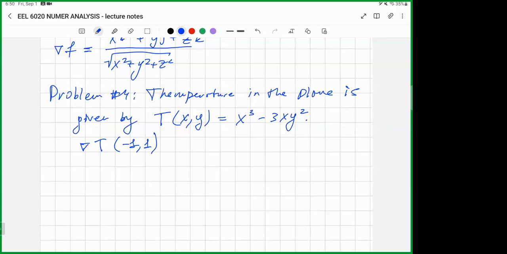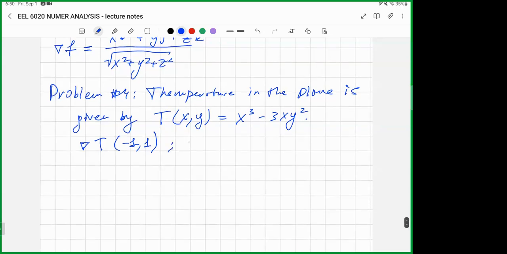And the direction of the maximum change of the temperature at that point, at the 1, minus 1 point.